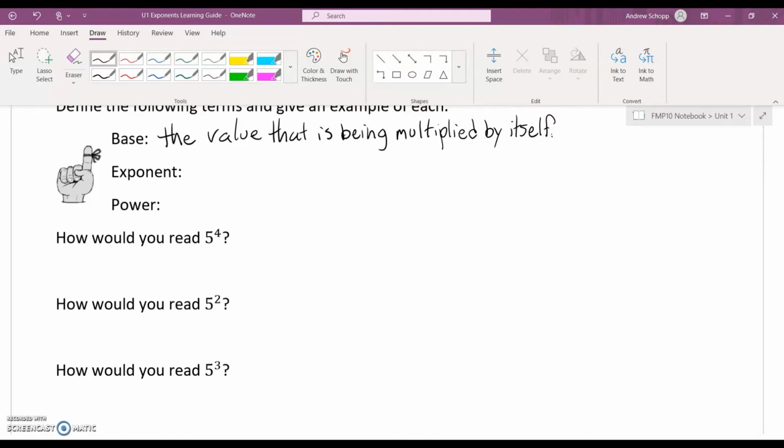The exponent is the number of times the base is multiplied by itself.